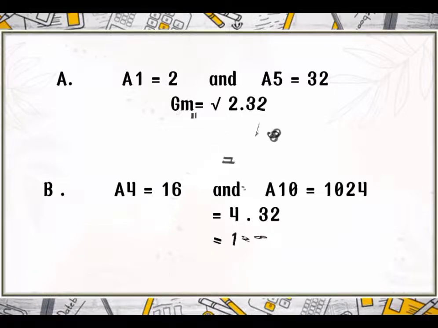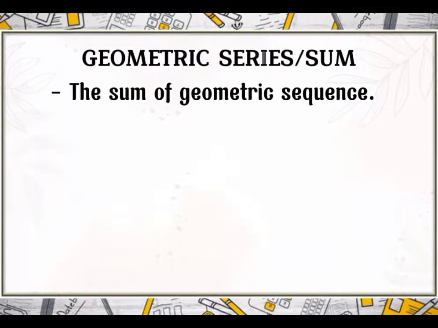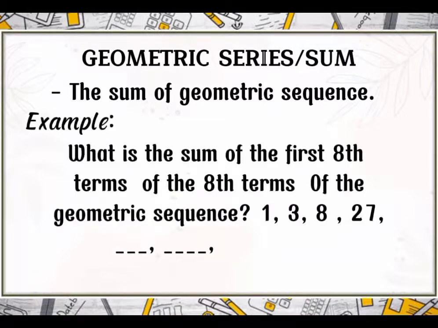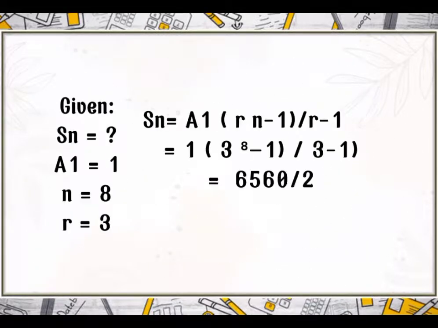Next topic natin is geometric series. What is geometric series? The sum of our geometric sequence is called geometric series. Example tayo. What is the sum of the first 8 terms of the geometric sequence 1, 3, 9, and 27? So, kunin natin yung sum niya.